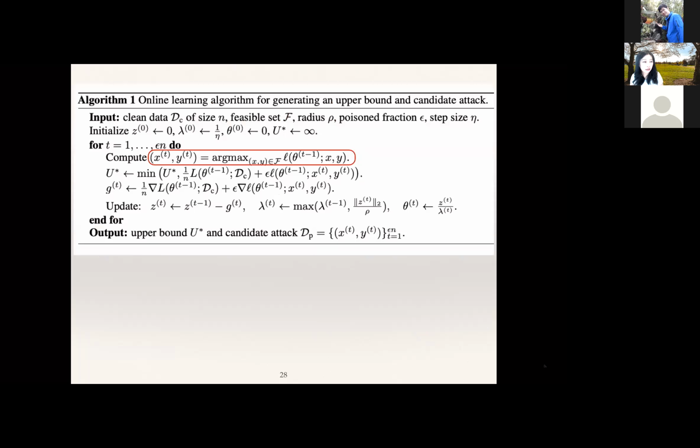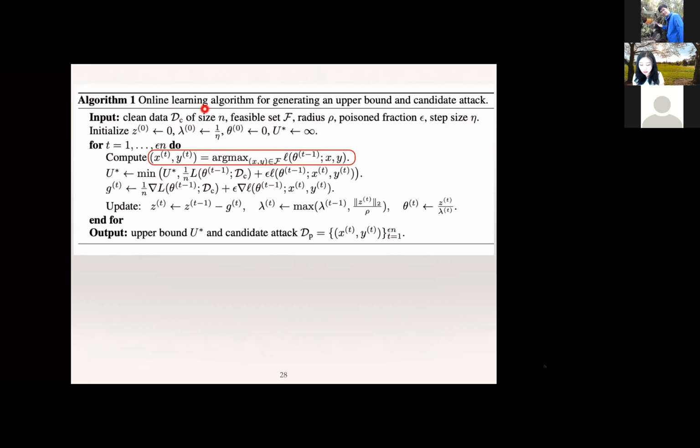Again, we talked about algorithm 1, which is the online learning algorithm for generating an upper bound and candidate attack. You can see that there's this computing of x_t, y_t. Overall, this is simply trying to find the point in the feasible set that maximizes your current loss function based on your current theta_{t-1}.